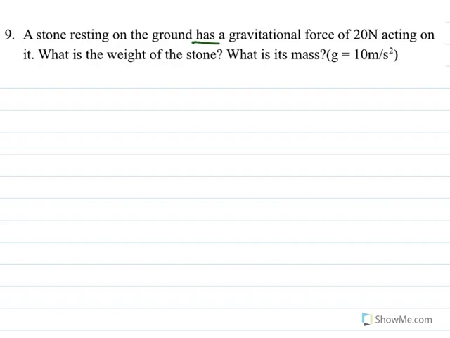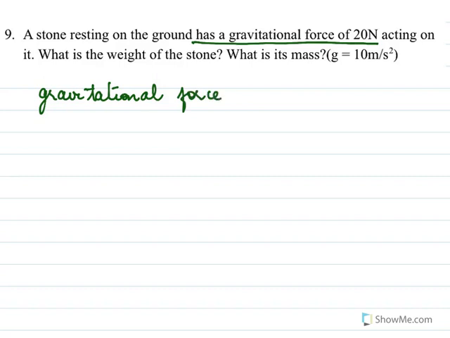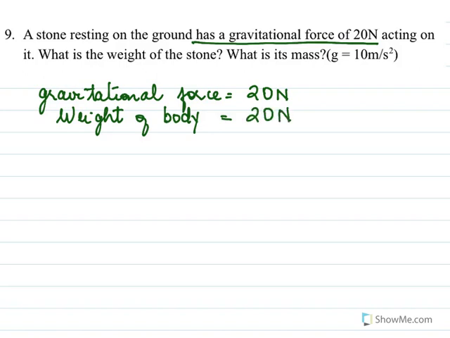A stone resting on the ground has a gravitational force of 20 newtons. So we have gravitational force equal to 20 newtons. Now remember, gravitational force means weight of the object. So weight of the body or object or the stone here is 20 newtons. And we have to find its mass.